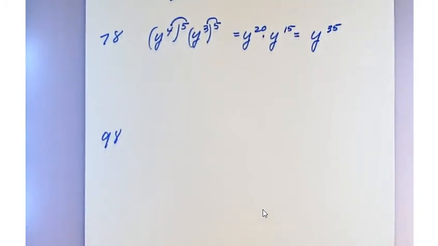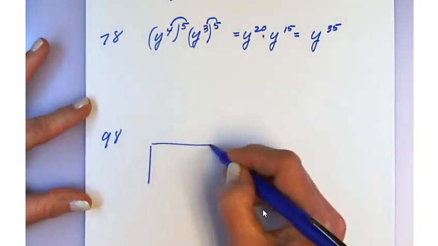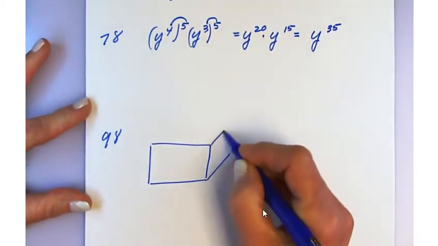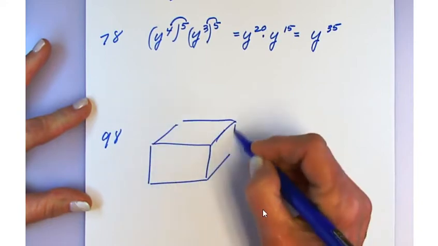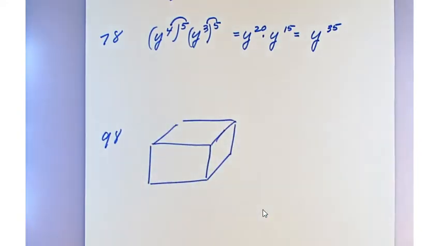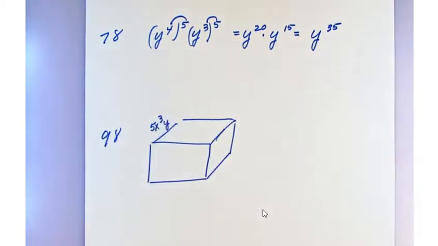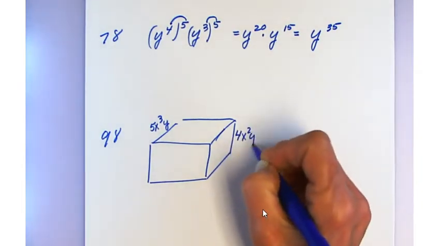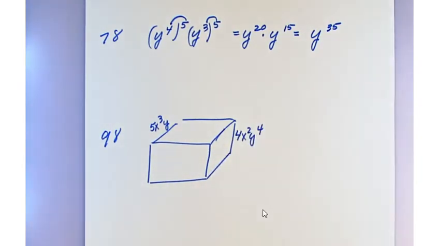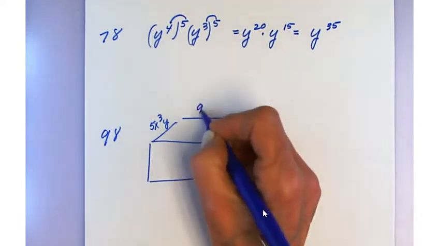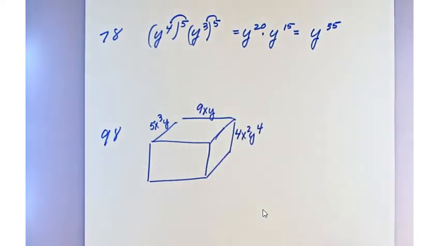Looking on down at 98, we have our shoebox here. We want to find the volume, and we are given 5x cubed y, 4x squared y to the 4, and 9xy cubed.